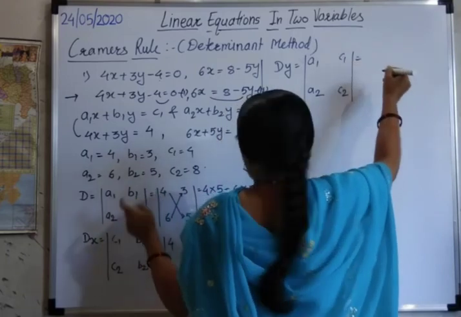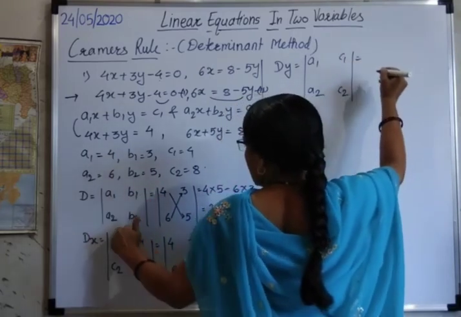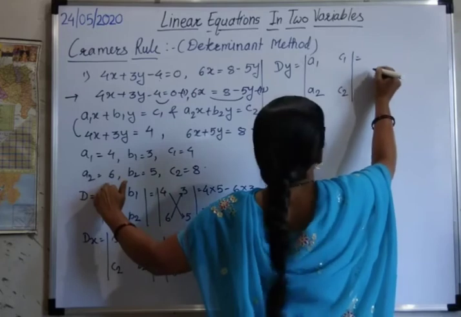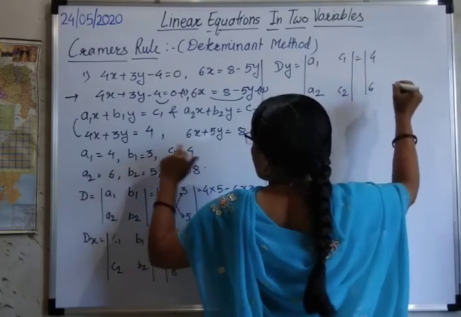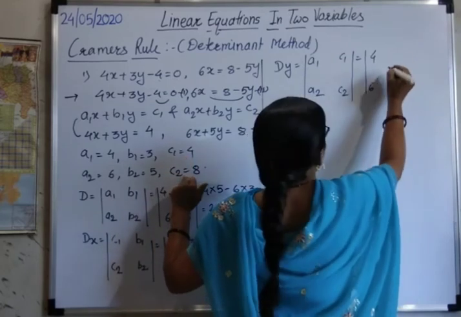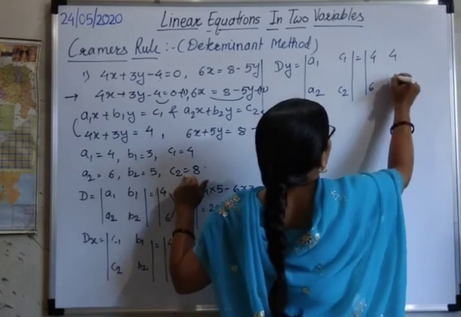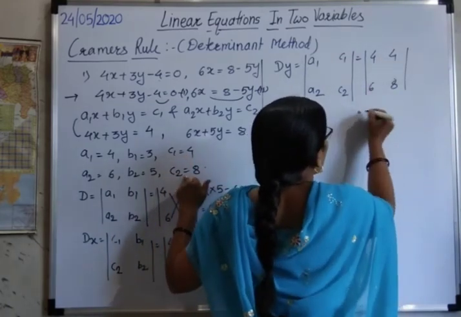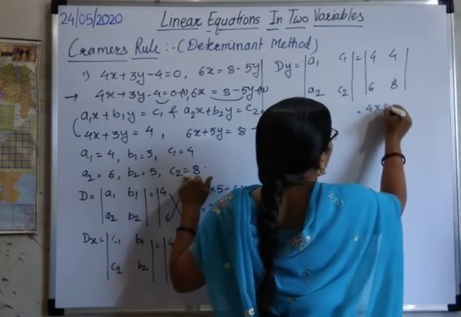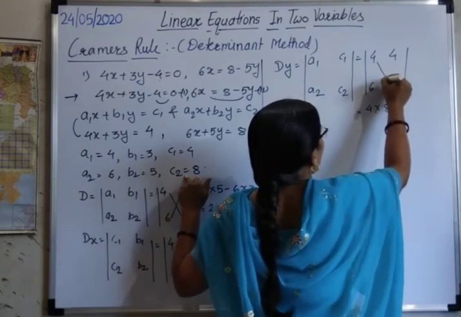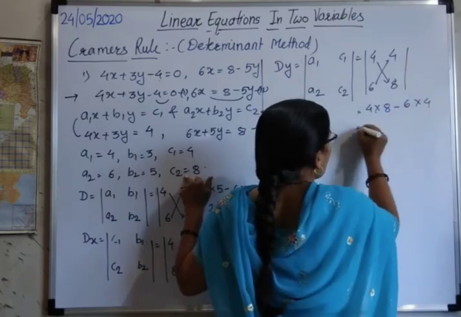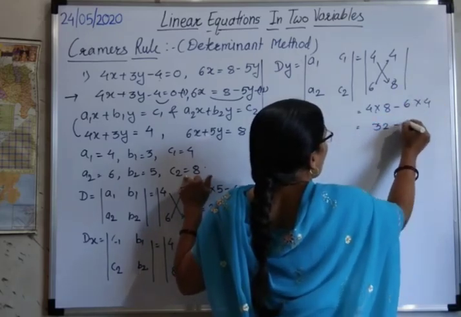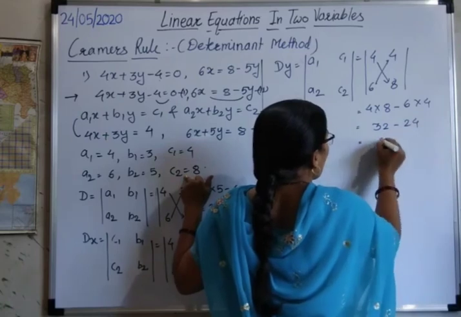The values of a1 and a2 are 4, 6. The values of c1 and c2 are 4, 8. Then it is equal to 4 into 8 minus 6 into 4, which is equal to 32 minus 24, which is equal to 8.